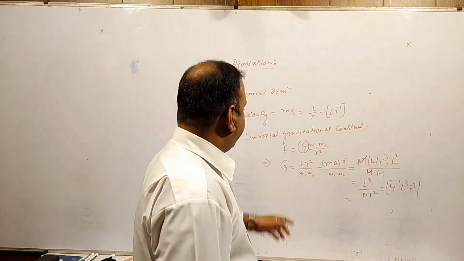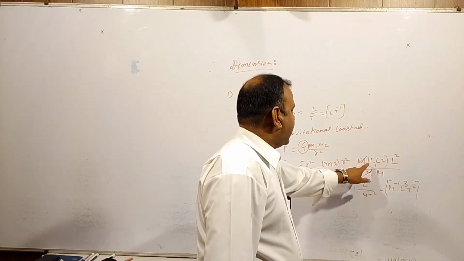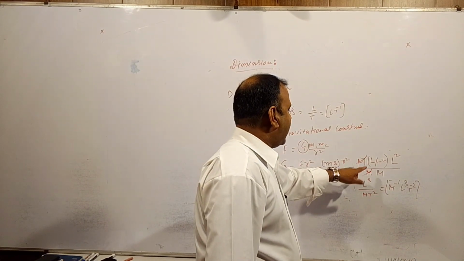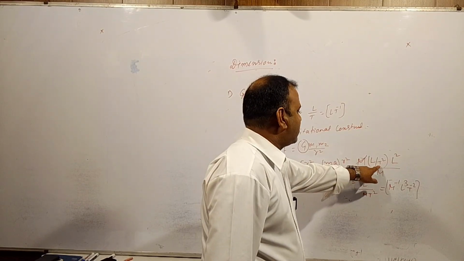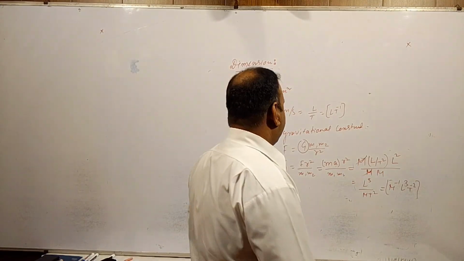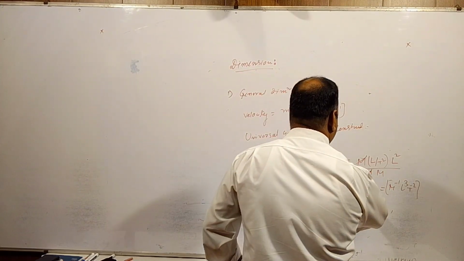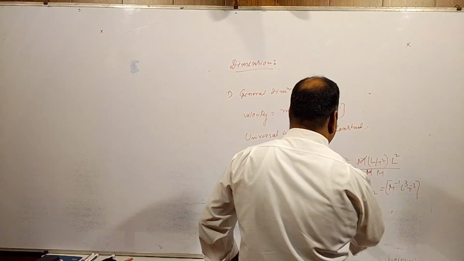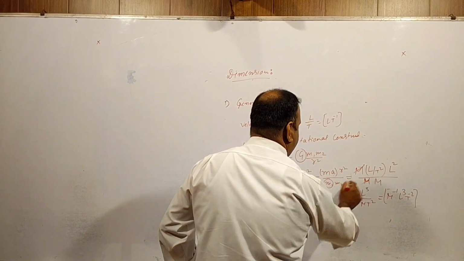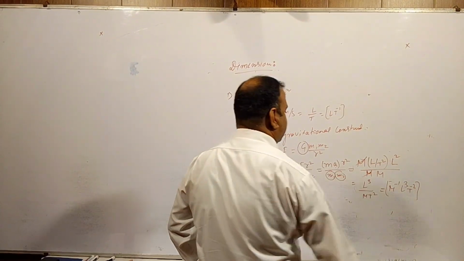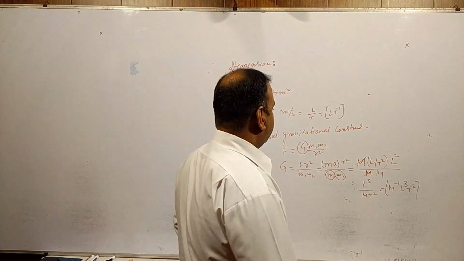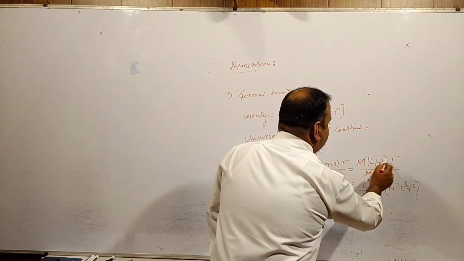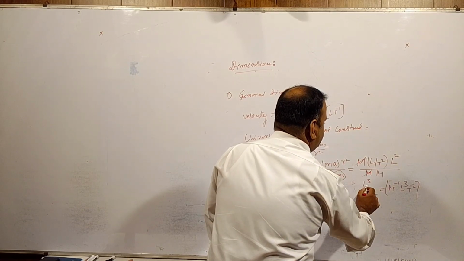So how do we do it? F is equal to ma. Here m means mass, a means meter per second square, and distance means L square. Mass m1 is represented by M, and mass m2 is represented by capital M, so one mass cancels. Finally we can write L into L square, that means L cube.